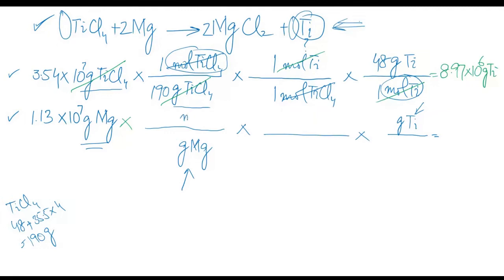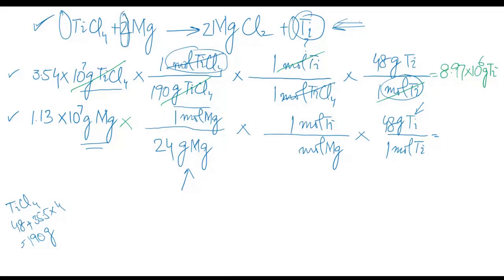Now, here change mole of magnesium and here mole of titanium. Opposite. Now, here same you will write mole of titanium from this one. And here you will write mole of magnesium. Now, one with mole, with magnesium 24 and titanium 48, and mole of titanium here 1, mole of magnesium here how many? 2.